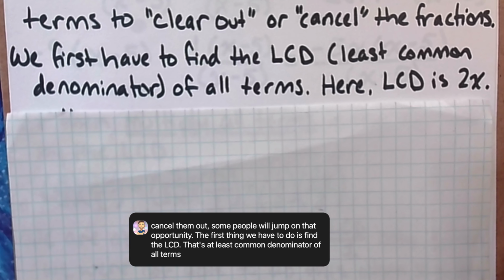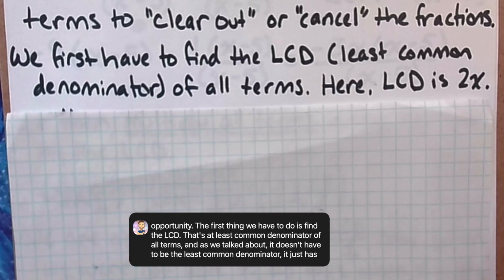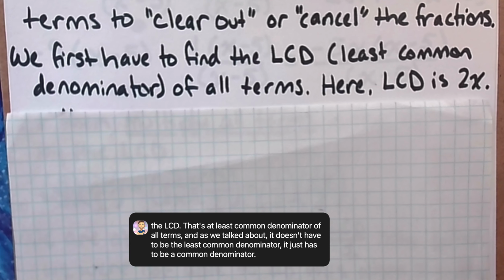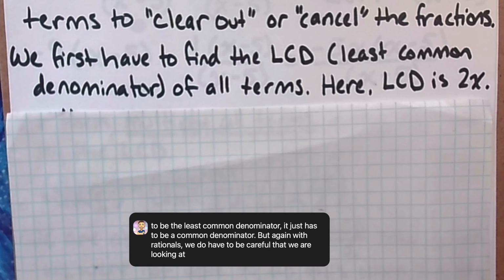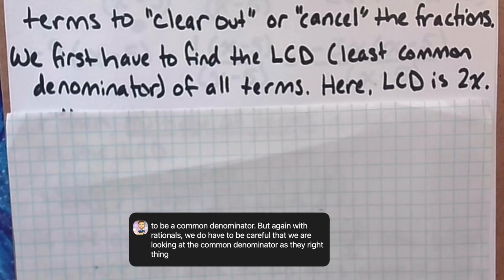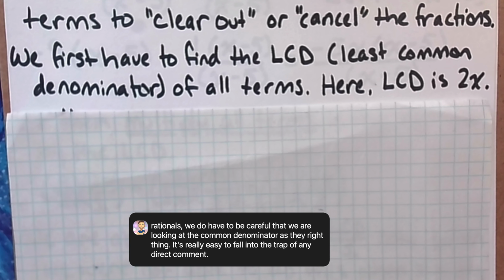And as we've talked about, it doesn't have to be the least common denominator, it just has to be a common denominator. But again, with rationals, we do have to be careful that we are looking at the right common denominator. It's really easy to fall into a trap of an incorrect common denominator.